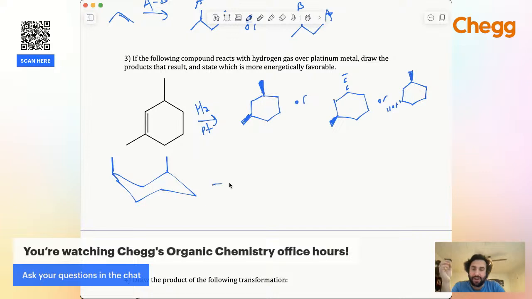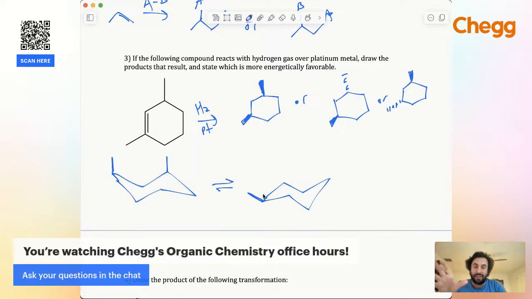So that's one of the chairs. Now let's do the chair flip, so we have to draw the other chair. Remember, this is the leftmost carbon. On the leftmost carbon, there's a methyl pointed up, and now still on the leftmost carbon, there's a methyl pointed up. It just happens that on this chair, the up is axial, and on this chair, the up is equatorial.